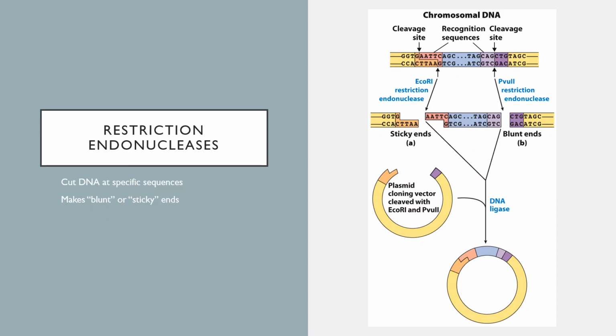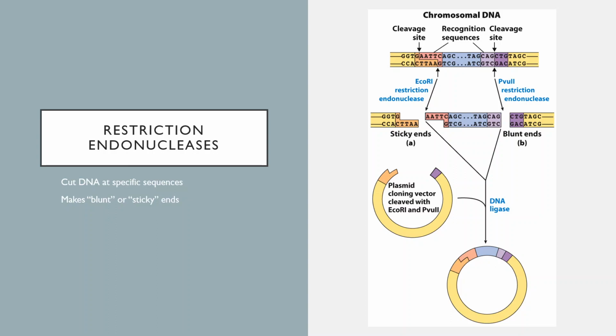When these bacteria express these endonucleases, the enzyme restricts the growth of the virus. So that's why they're called restriction endonucleases, or sometimes just restriction enzymes. But the reason they are useful for cloning is that they don't just cut randomly, they cut at specific sequences of DNA called restriction sites.